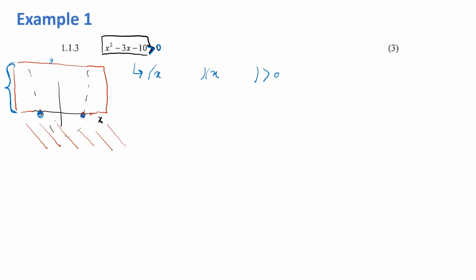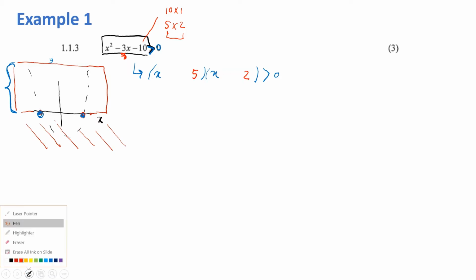Now when we think about this a bit, we know that factors of 10 are, well, 10 times 1 and 5 times 2, right? And if we look at 5 times 2, well, we can subtract these in some way to obtain 3. So I'm very tempted to write 5 and 2 here, and then we can go and puzzle out what the symbols have to be, right?